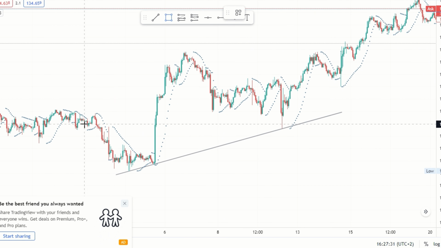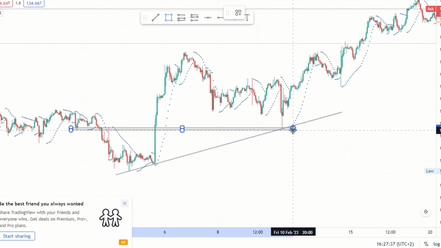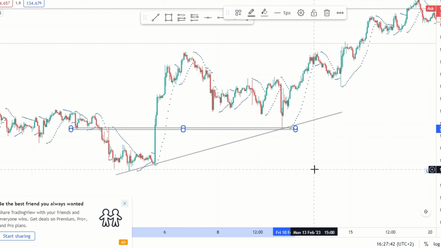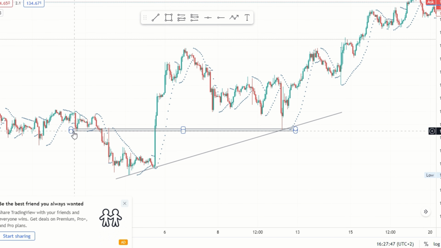If I had to draw a rectangle here, I would have it here and then to the lower wick. I can see this point was a support. It rejected here as well, broke it, came back to retest at this point, so it then became a resistance point. Fine, we didn't respect it here, but at some point we did respect it quite a number of times.